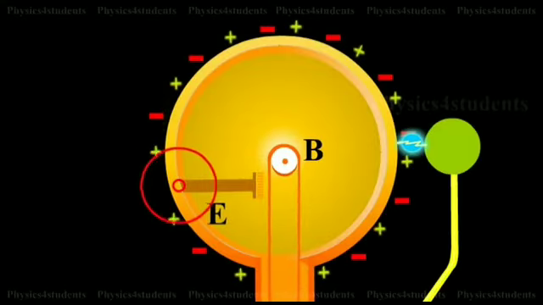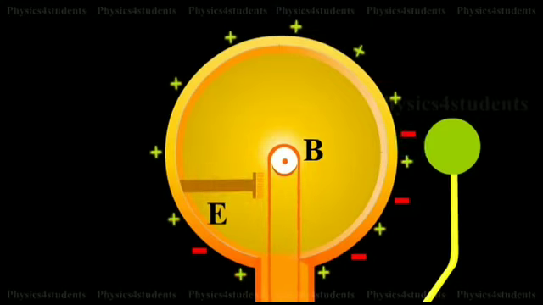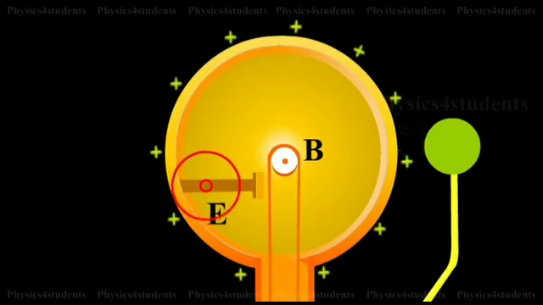Due to the high electric field near comb D, air between the belt and comb D gets ionized. The positive charges are pushed towards the belt and negative charges are attracted towards the comb D. The positive charges stick to the belt and move up.